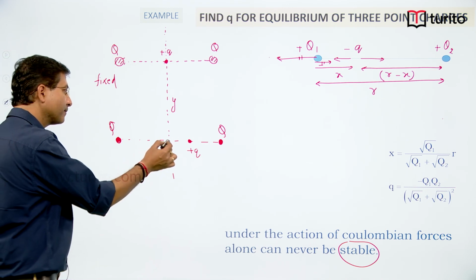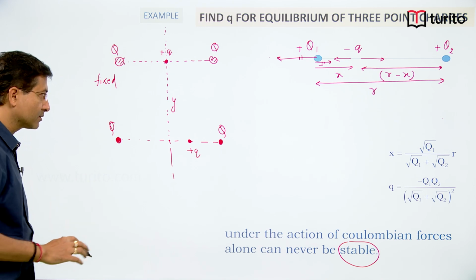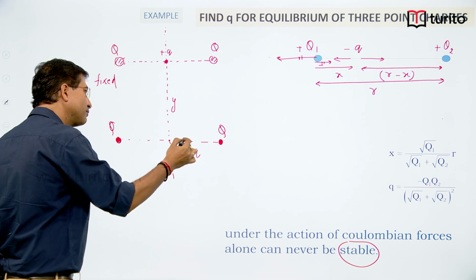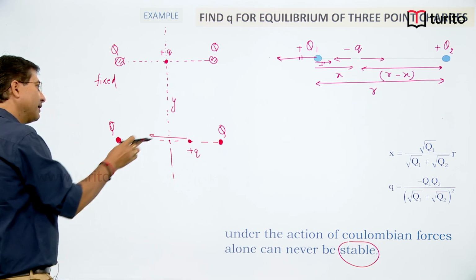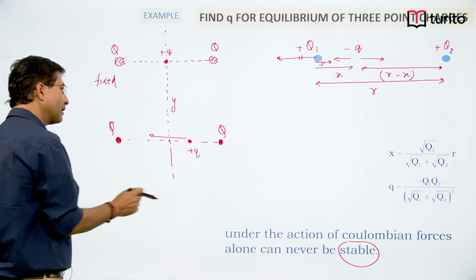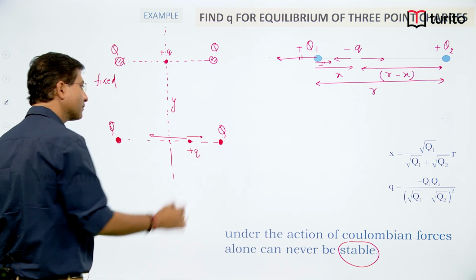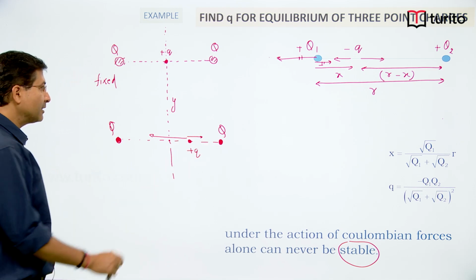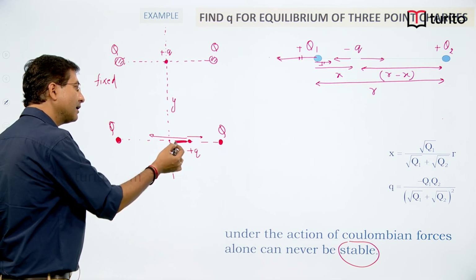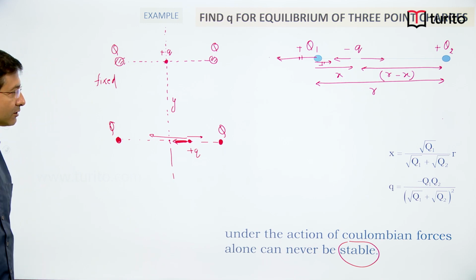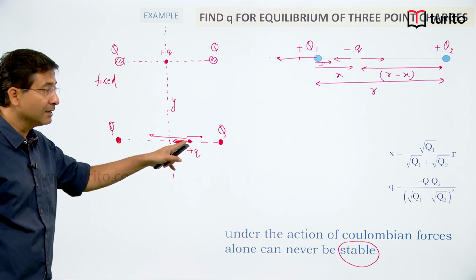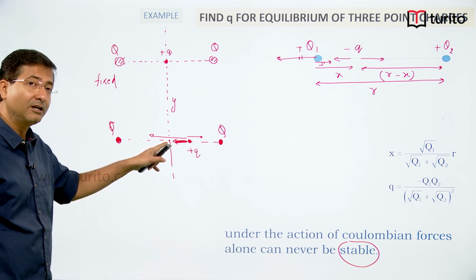Now when it was here, forces were getting balanced. When I displace it, now it is near to this charge, it will experience more force away, and as it is at the larger distance as compared to this one, this will exert lesser force. That means when I displace this particle in this direction, net force starts coming towards the initial equilibrium position. So resultant of this force and this force is now in this direction, and it has got ability to get back to the initial equilibrium point.